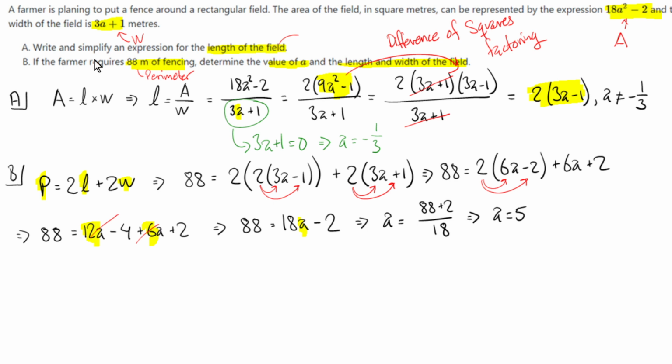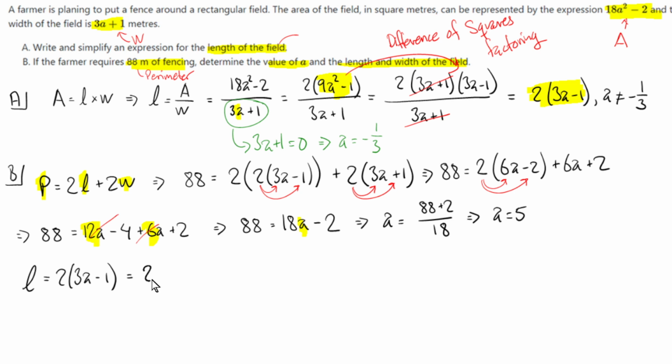So in question B, they want us to determine the value of a. We did that. Then they want us to determine the length and the width of the field. Well, the expression for the length is 2 times 3a minus 1. We know that a is 5, so we just substitute it in.